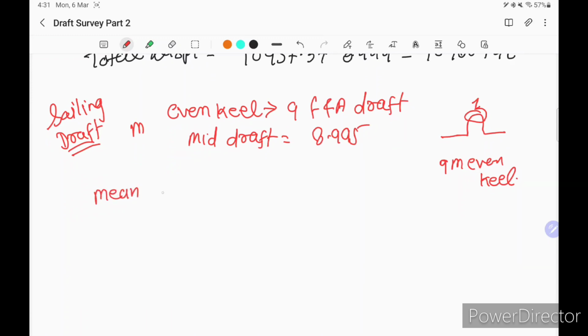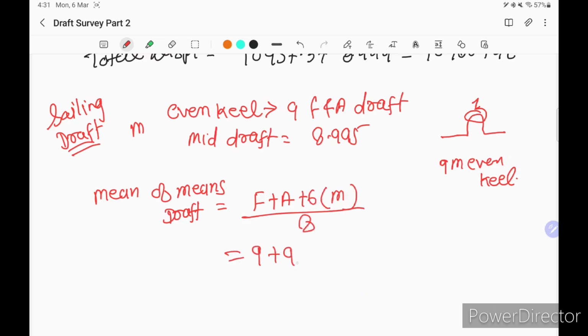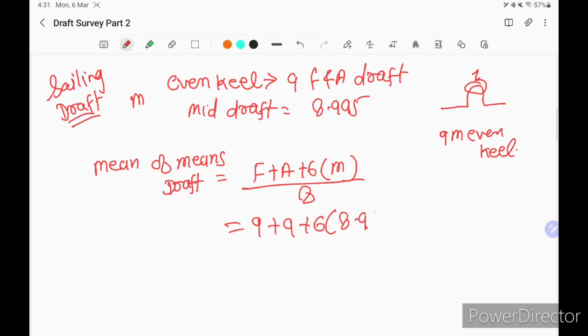Now we put this value in mean of mean draft: forward plus aft plus 6 midship divided by 8. So we get the value 8.96.